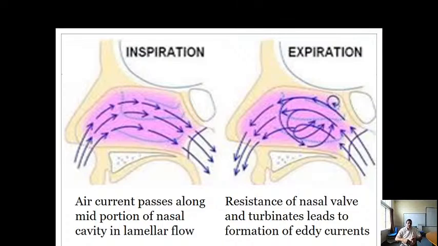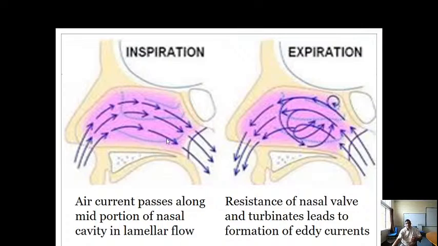And this is called the lamellar flow. That is, air from the anterior nares travels like that and ultimately comes out through the posterior choanae and then goes into the nasopharynx. This is called the lamellar flow.